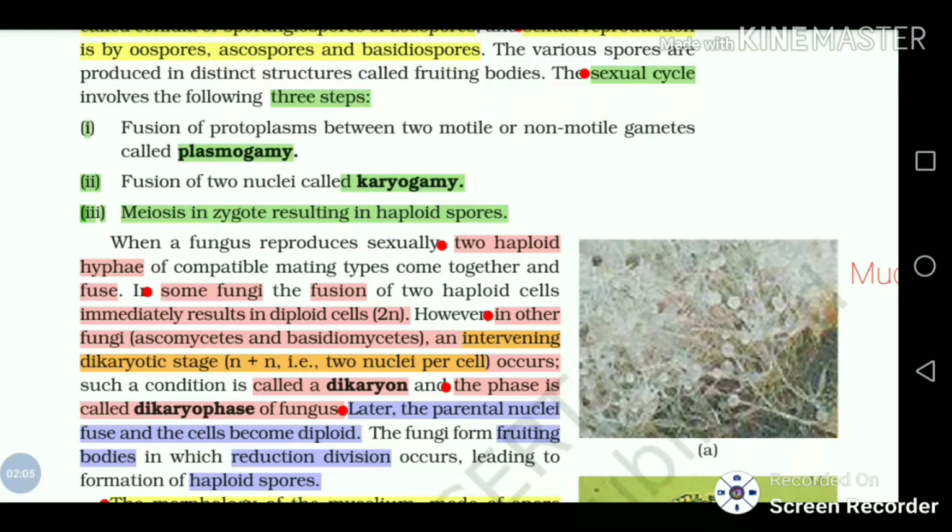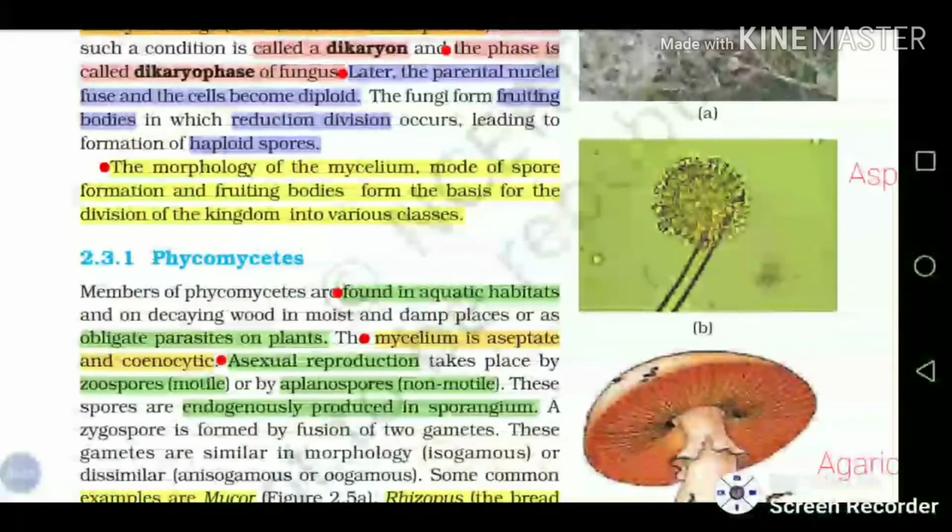Instead, there is an intervening dikaryotic stage, that is n plus n in a cell, that is 2 nuclei per cell, and this is called dikaryon, and this phase is called the dikaryophase of the fungus. Later only the parent nuclei fuse and the cells become diploid, forming fruiting bodies where reduction division occurs and haploid spores are formed.